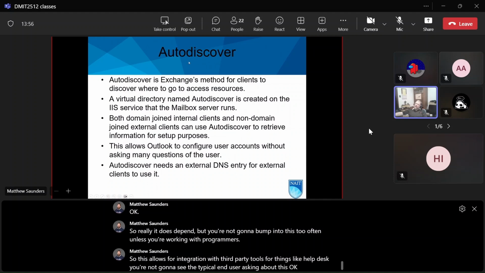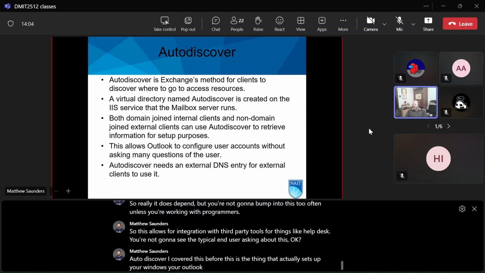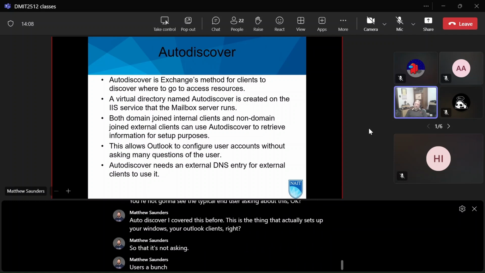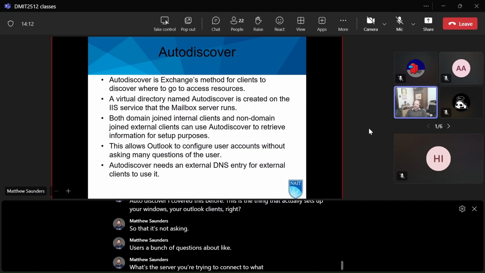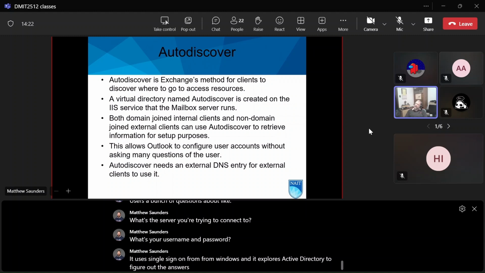Okay. Auto Discover, I covered this before. This is the thing that actually sets up your Windows, your Outlook clients, right? So that it's not asking users a bunch of questions about like, what's the server you're trying to connect to? What's your username and password? It uses single sign-on from Windows, and it explores Active Directory to figure out the answers that it needs so that it doesn't have to ask us anything.